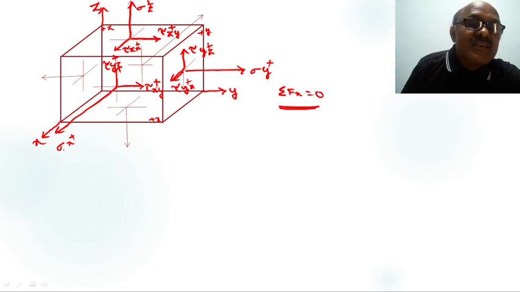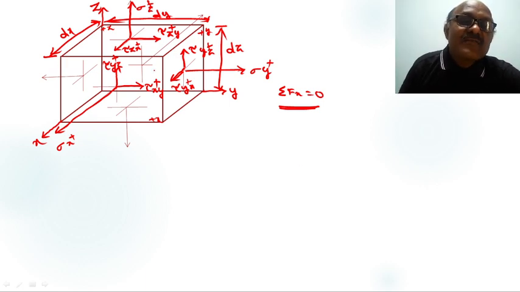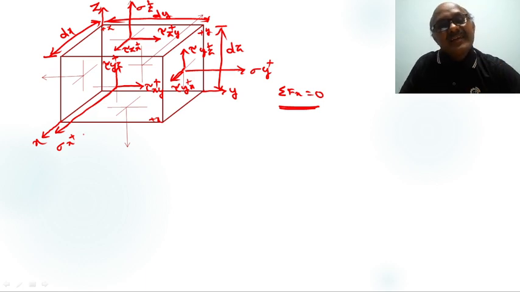Now here this is sigma x plus. For this, the width of the elemental volume is dx. For this, the length of the elemental volume is dy. Here the height of the elemental volume is dz. Now, what are the forces acting in the x-axis direction?